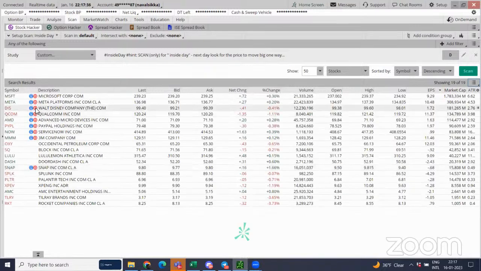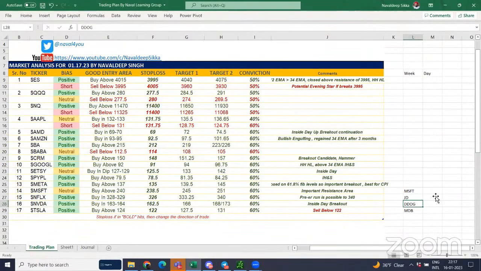Okay, there are a lot of tickers. Microsoft is inside day, inside week. Then Meta is also there, inside day. AMD is inside day.